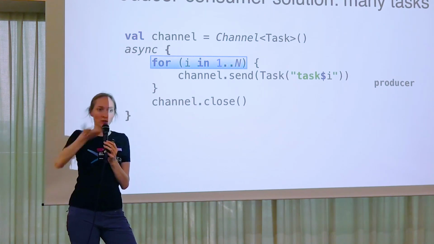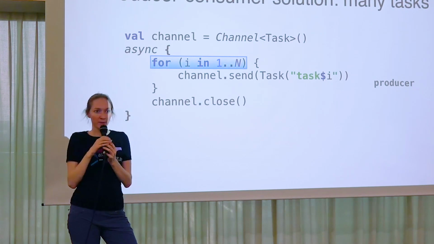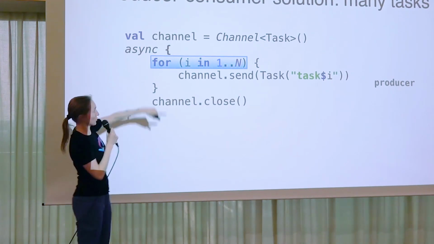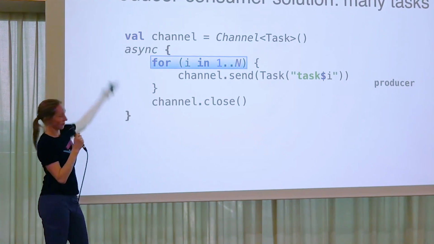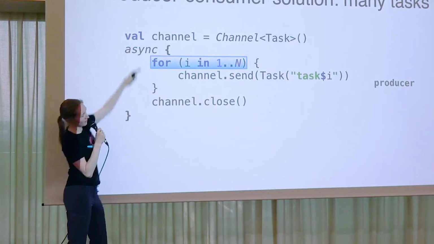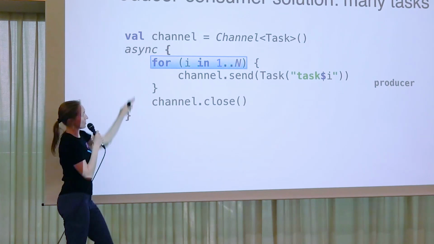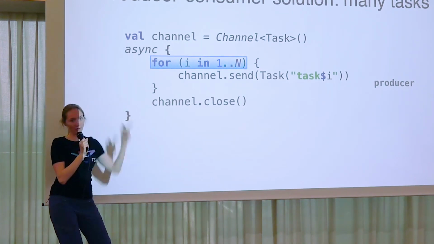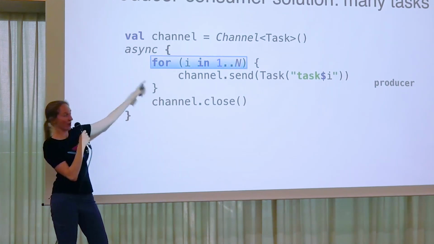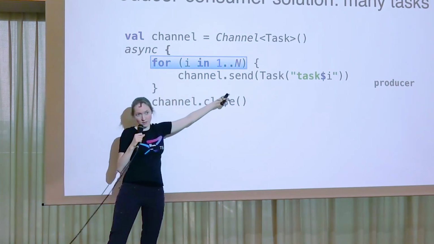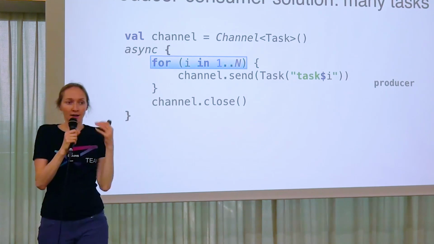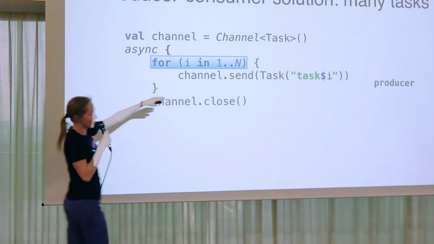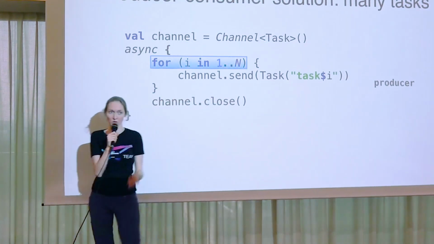It's an object stored in memory. For instance, this code can finish, so we can return from this code, but our coroutines will have the references to the channel, and when they call methods, this send calls this functionality to manage the queue.